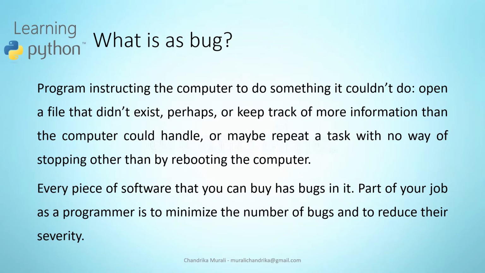That is, if we're telling the computer to open a file which doesn't exist, or if we are telling a computer to keep track of information and we're sending more information than the computer can handle, that may end up in a bug. Or maybe we are telling a computer to do some task without telling it how to end, like an unending task. So all these things end up in a bug.